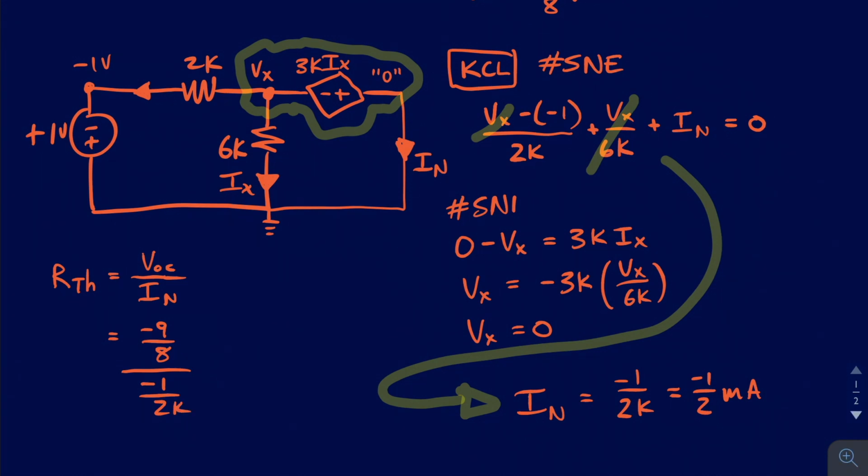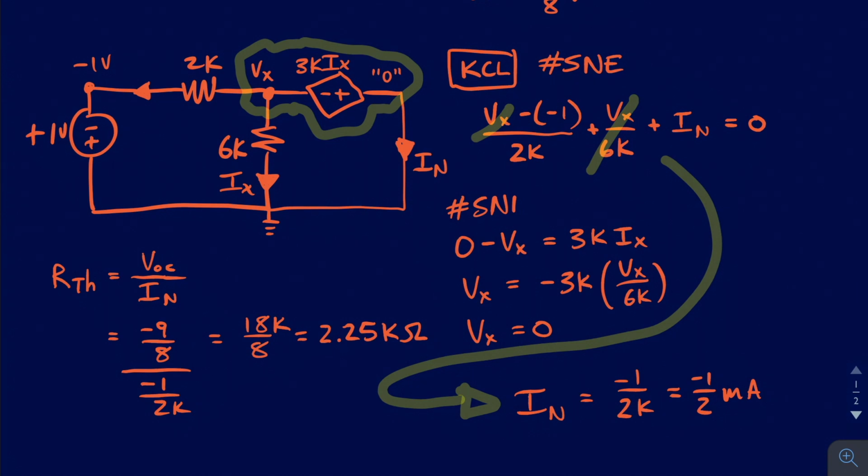So if you flip those, you'll just end up with 18/8 K, which will be 2.25 kilo ohms.